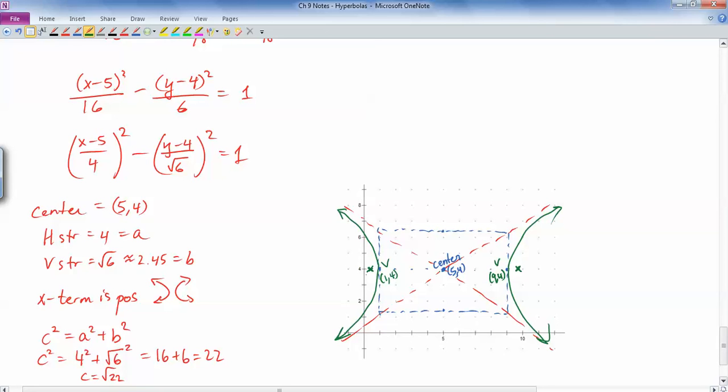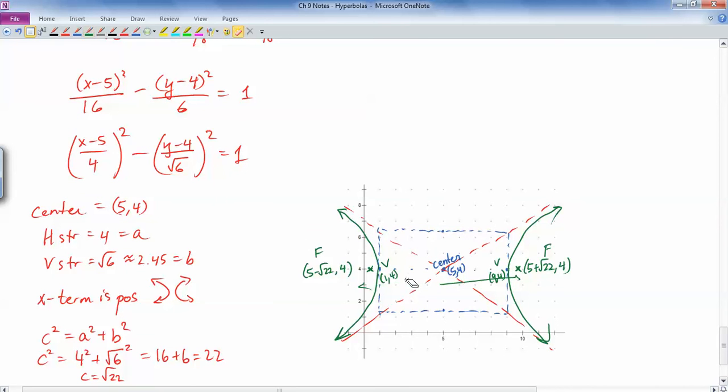And really the coordinate, I had to go root 22 this way and root 22 that way. So I'm just going to say 5 plus root 22, comma 4, and 5 minus root 22, comma 4. So this is a focus and this is a focus.